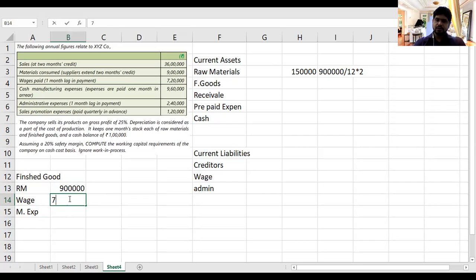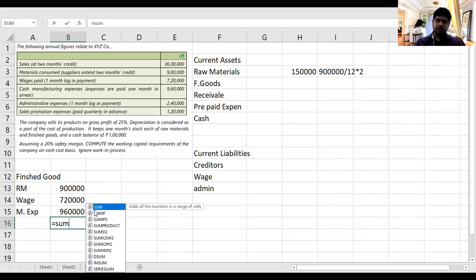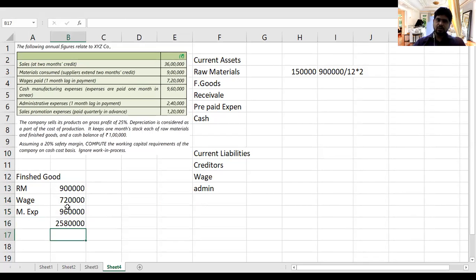Wage paid 720,000, and cash manufacturing expenses are paid in 1 month, right? 960,000, right? Then how much total? Then it is equal to 2,580,000. So it's the value of finished goods, right? Then can we keep this for how long?